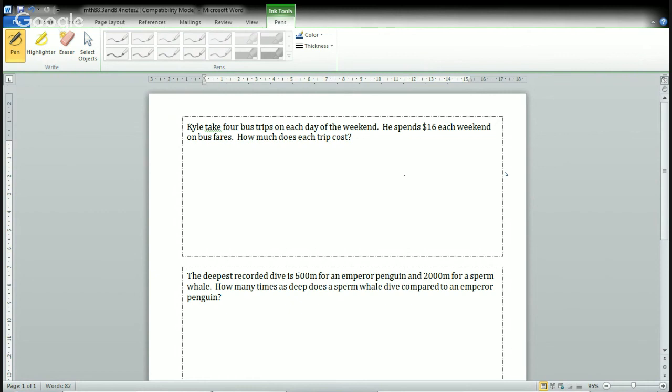Okay, so I know that he spends $16 on bus fares. Here's my total, and I want to know 4 bus trips. If this is $16, I divide that 16 into 4 bus trips. How much is each of those bus trips?